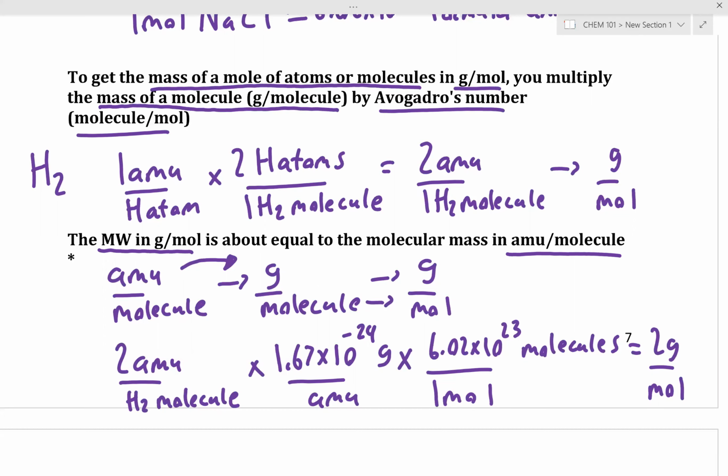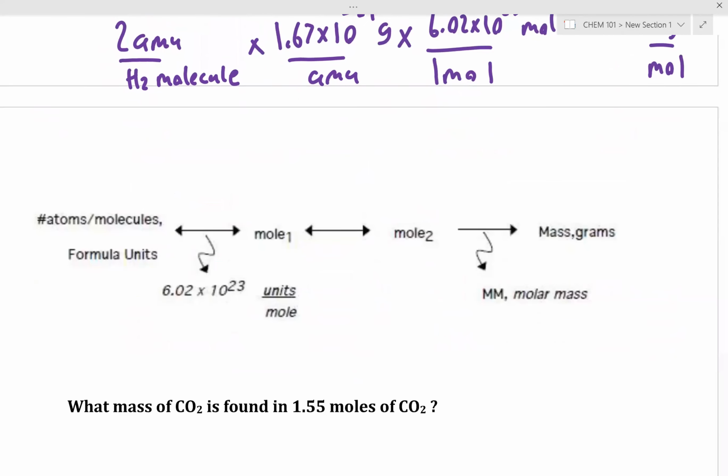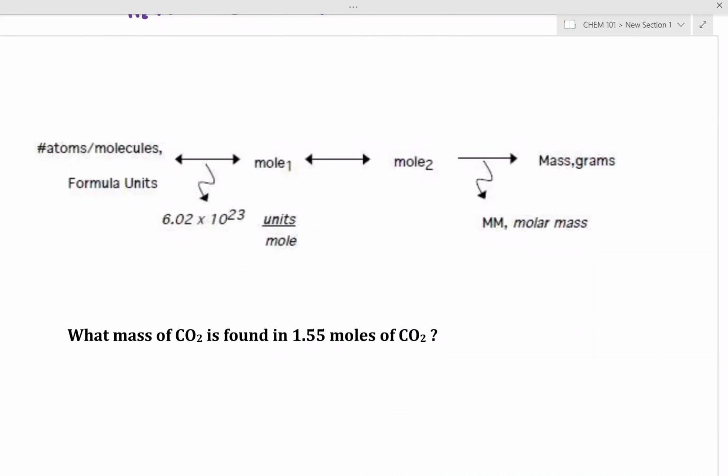So let's now talk about our general solution map. How can we use this molar mass? And from now on, when you see the words molar mass, I want you to think gram per mole. So the molar masses from now on, we're going to focus on gram per mole.